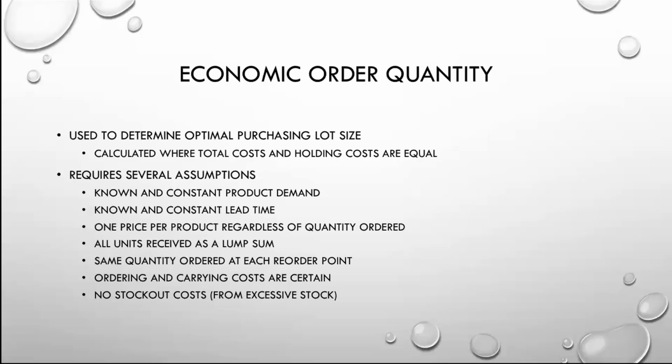And there's no stock out costs. Stock out costs, I don't know if we've covered this yet, but stock out costs is the cost of having excessive stock. I've also seen stock out costs where it's the cost of not having sufficient stock. So sometimes, let's say if you order too much stock that you can't sell, there's a salvage cost that's involved.